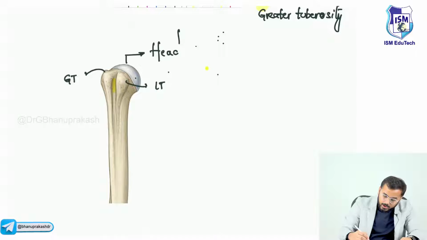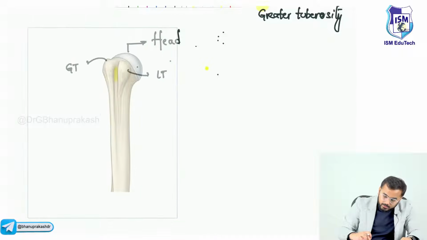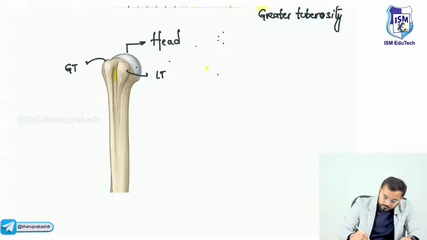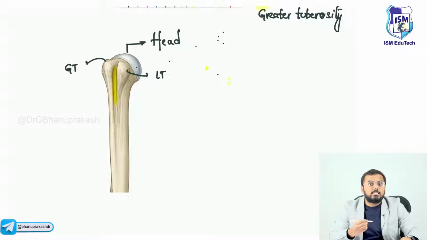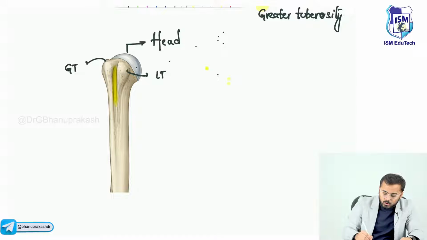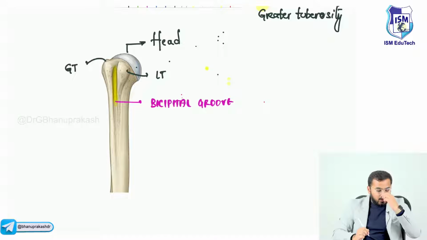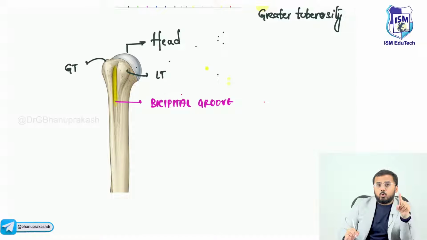So this yellow part, whatever I am highlighting right now, this is what is called as bicipital groove. Okay, what is this called? This is called as your bicipital groove. Bicipital groove.